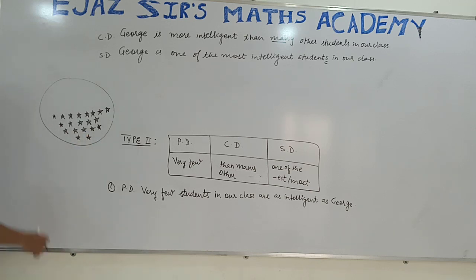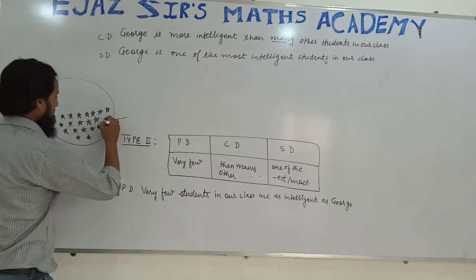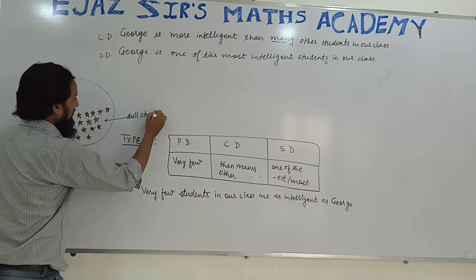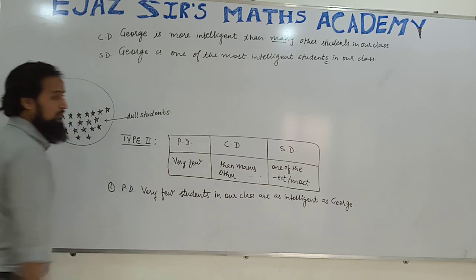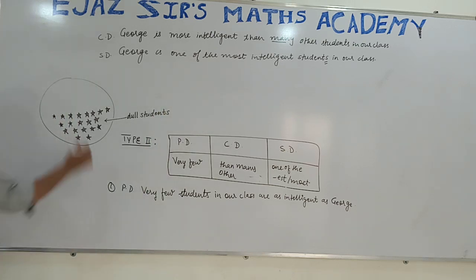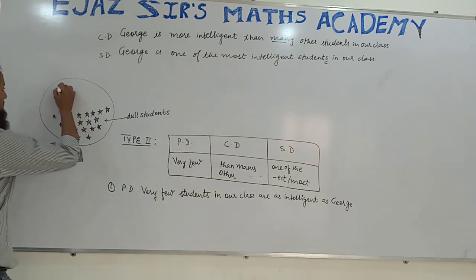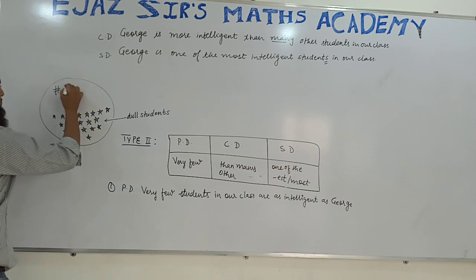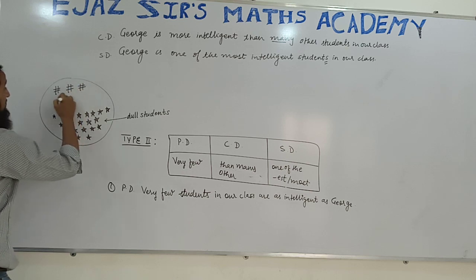Okay, and intelligent, these are all dull students. Dull students. These are all duffers. These are all weak students. And the intelligent students are 1, 2, 3, 4, 5.